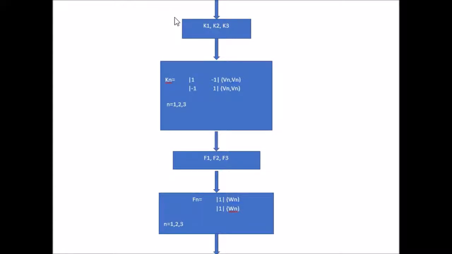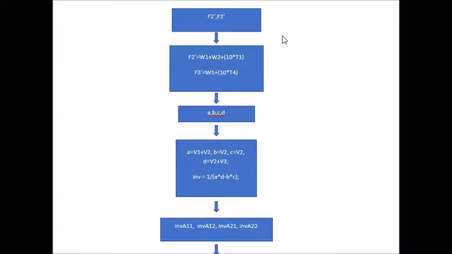Then we want to find the value of K, and we will use the formula. Then we want to find the value of F, and this is the formula of F. After that, we want to find the values of F2 prime and F3 prime using this formula.